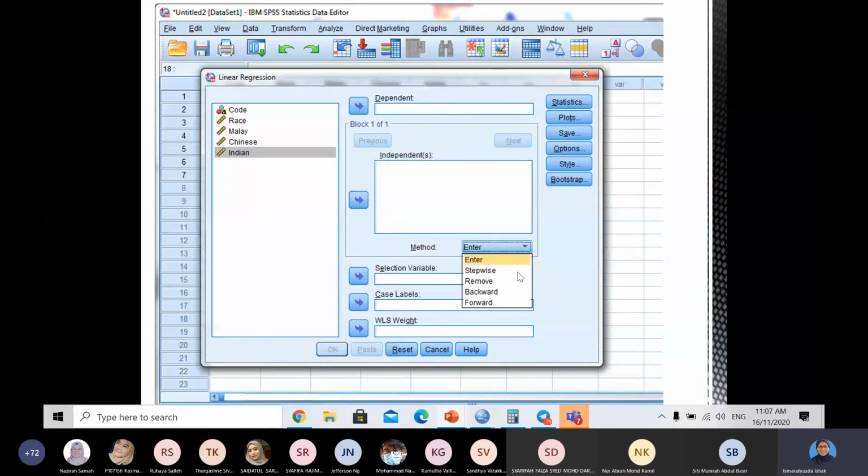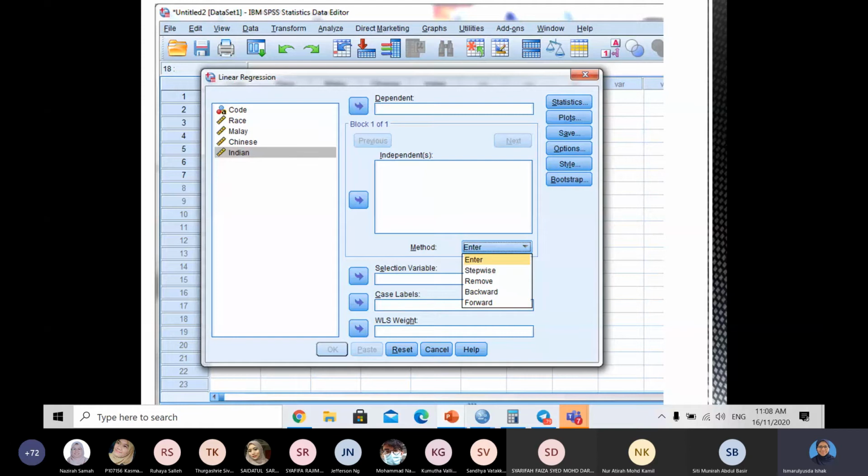But for stepwise, you enter. It is better to use stepwise. It is very hard to explain, so you can search for why stepwise yourself. So you had better choose enter or stepwise. Okay, summary.